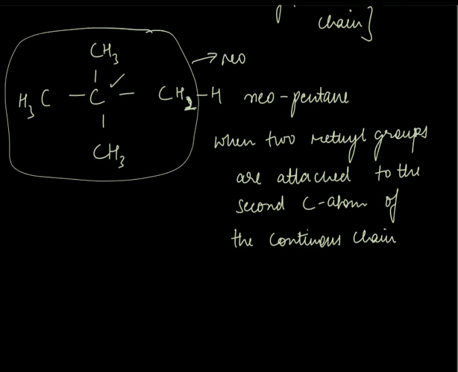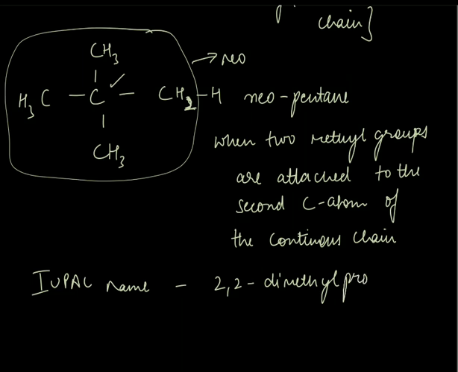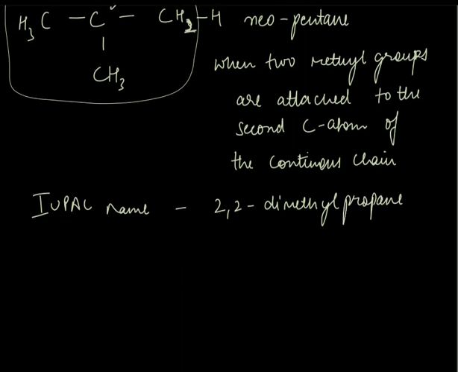Otherwise, if we want to write the IUPAC name for this, you have to take any one as a straight chain. Either you take it like this or you go like this. Any way you go, it will always be 2,2-dimethylpropane. Prop is 3 carbons in the main parent chain, with 2 alkyl groups over here.